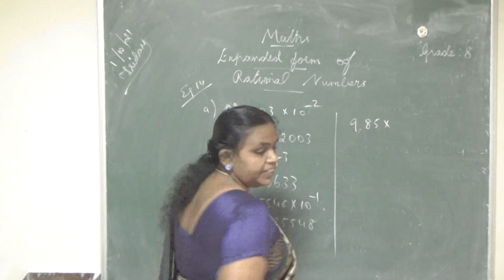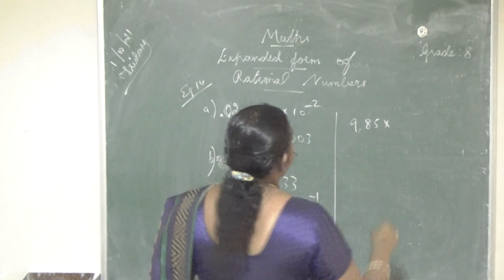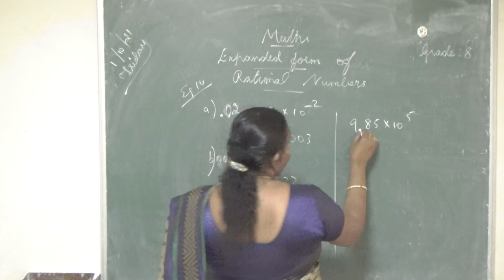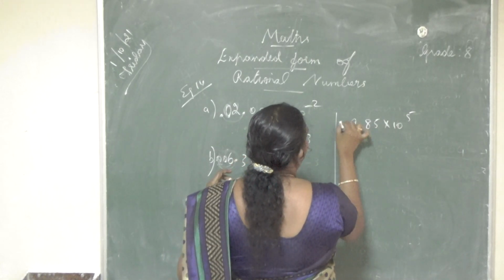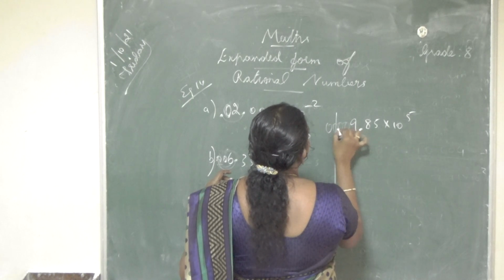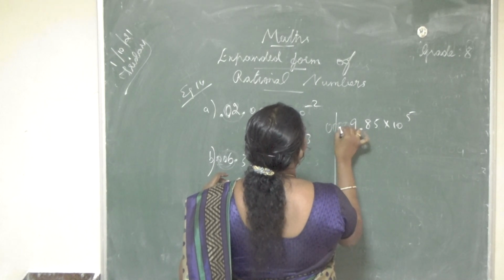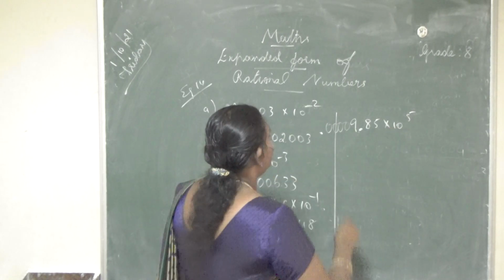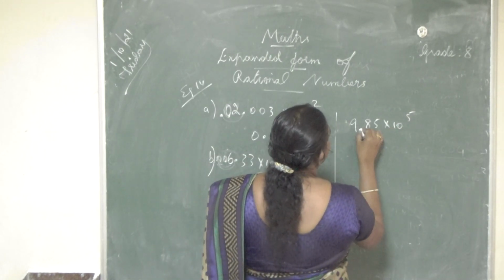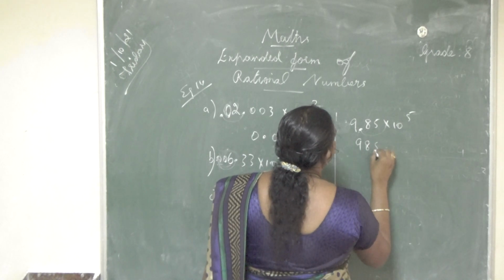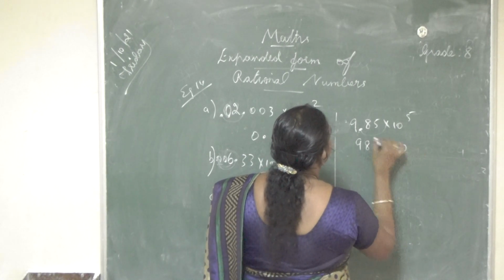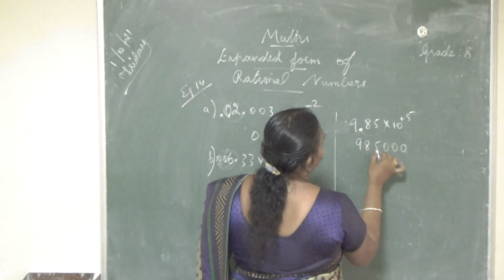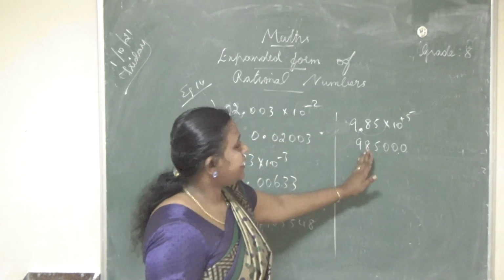9.85 into 10 the power 5. For 10 the power 5, if it were minus, we would go this way, 1 2 3 4, 1 2 3 4 5. But here it is not minus 5, it is plus 5. So what should I do? Here, 1 2 3. Right hand side.